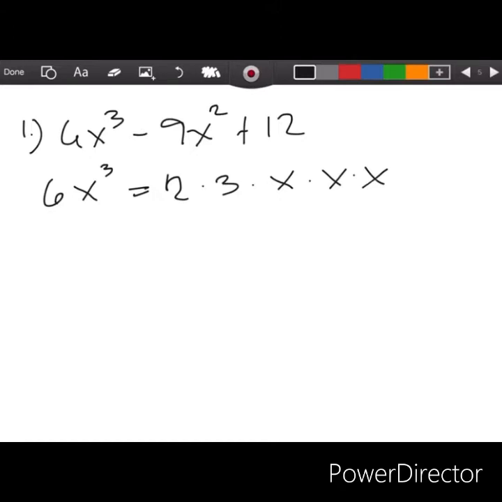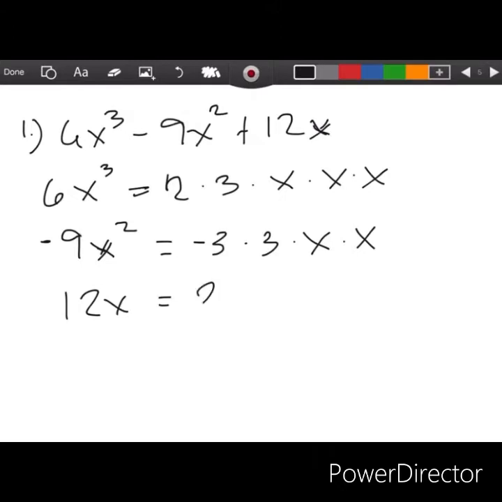Then negative 9x squared is equal to negative 3 times 3 times x times x. And 12x, we have 2 times 2 times 3 times x.